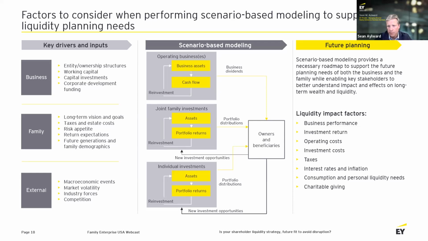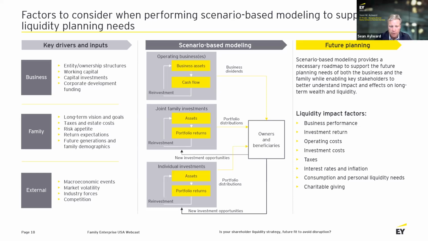Investment returns are fluctuating, as we all know, on an annual basis. And operating costs for the business have gone up in many industries. So those all need to be periodically checked. The model should be updated. And the results obviously will have an impact on the liquidity policy.